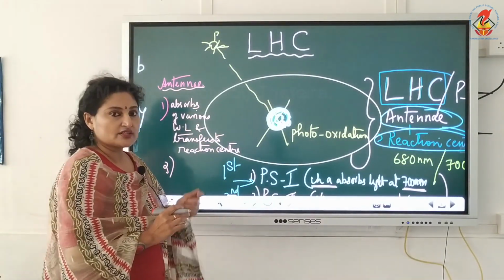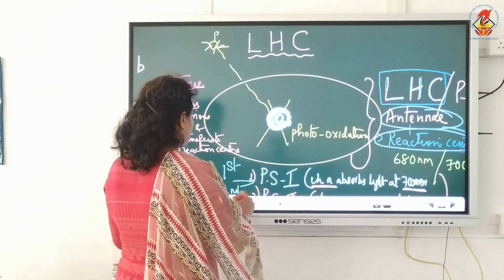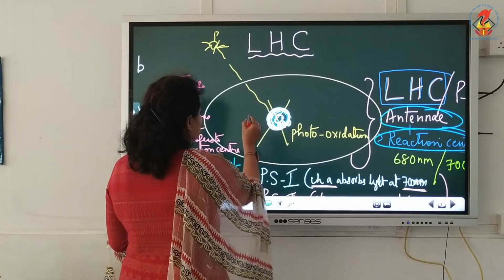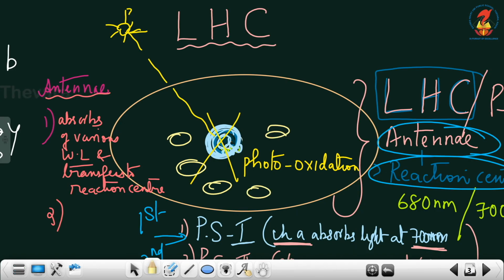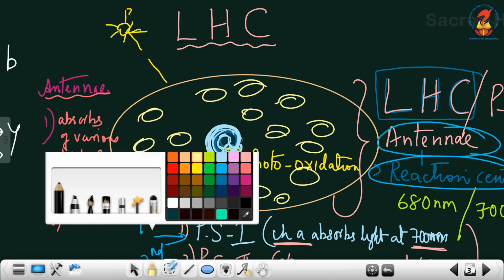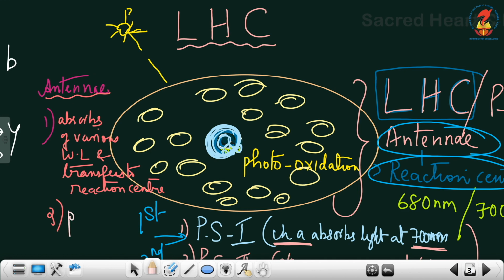But now it is not being harmed by the sun's light because it is protected by the adjacent pigments, the pigments present around it, chlorophyll B and xanthophylls and carotenoids, which protect it from photooxidation. So this event, photooxidation, does not occur; it is well protected. So second, they protect chlorophyll A from photooxidation.